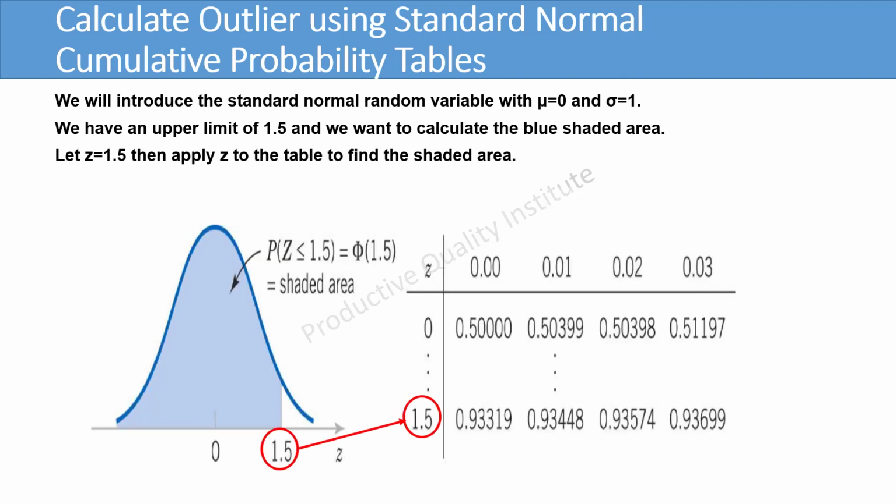The shaded area is equal to 0.93319. The outlier area is the non-shaded area, which is equal to 1 minus 0.93319, and is equal to 0.06681.